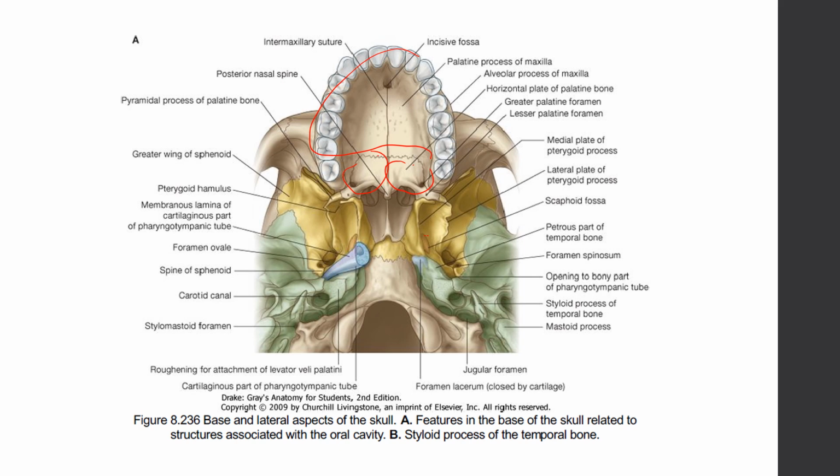This is the medial plate of the pterygoid process. This is the lateral plate of the pterygoid process, and between that is the scaphoid fossa. Here you can see the Eustachian tube, which is also known as the pharyngotympanic tube, and connects the middle ear to the pharynx, which helps to equalize the pressure between the middle ear and the pharynx.